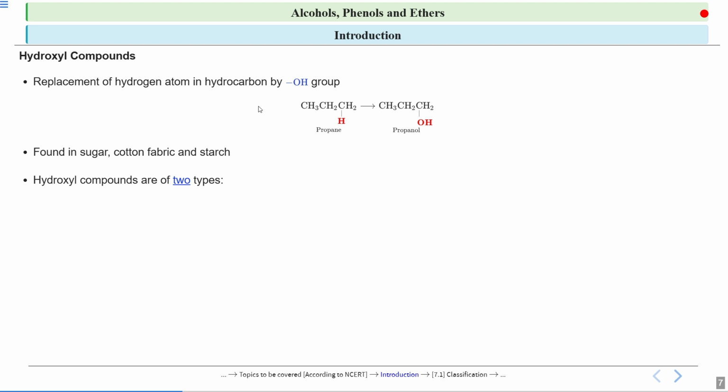Hydroxyl compounds mean containing the hydroxyl group after the replacement of a hydrogen atom from the molecule, and they are found in sugar, cotton fabric and starch. And the hydroxyl compounds are of two types: first is alcohols and the other one is phenols. Both types of hydroxyl compounds contain the hydroxyl group, that is the OH group.